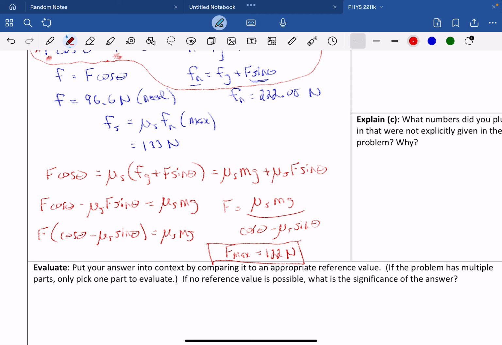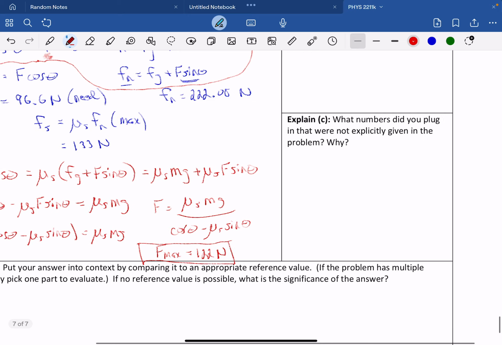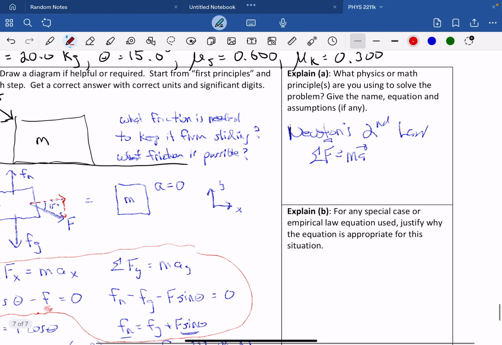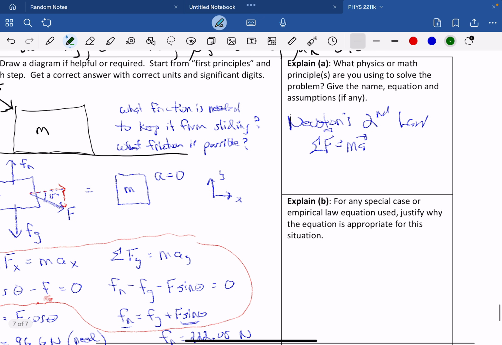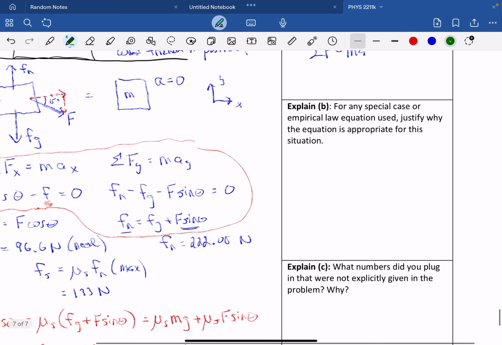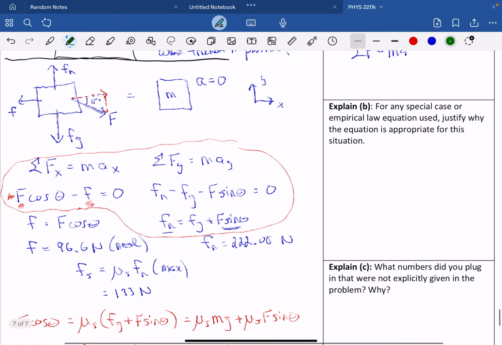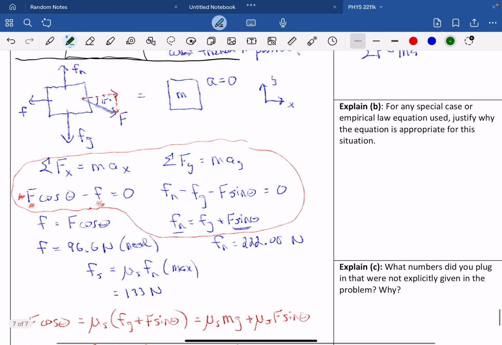Okay, well, so that's solving the problem, but what did I do? What did I use in doing this? Use Newton's second law the whole time. Did I use any special case equations? Well, let's see. I did.